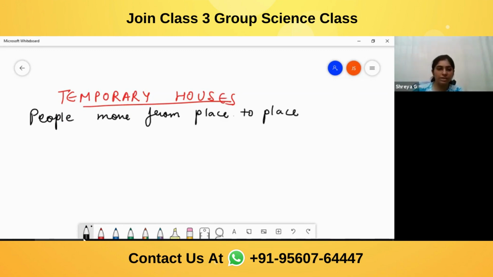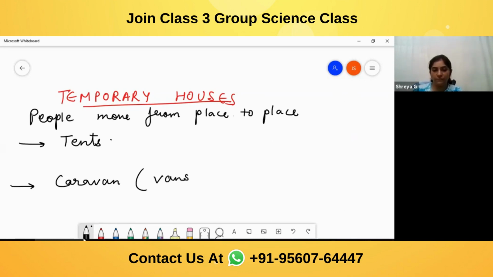Examples are tents, and also caravans. Caravans are like vans, big vans. And tents are usually for camping. People go for camps.